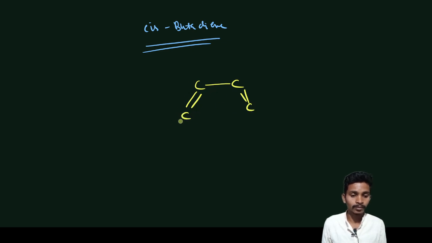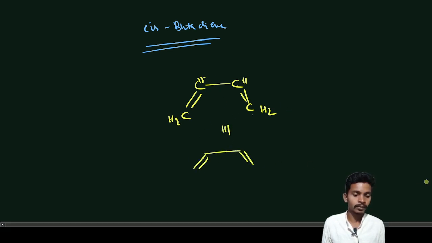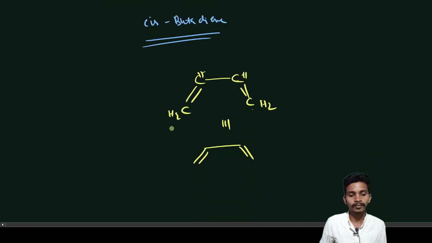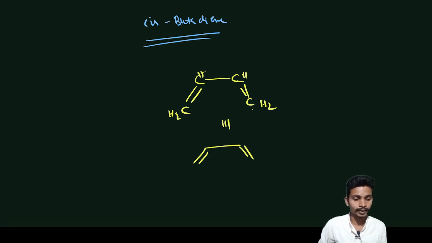Okay, so methane, ethane, propane, butane. So complete now, CH2, CH2. This is the butadiene structure. Okay, so 1, 2, 3, 4, 5, 6, 7, 8, 9, 10. Total 10 atoms are there.